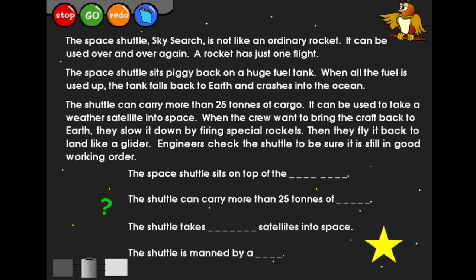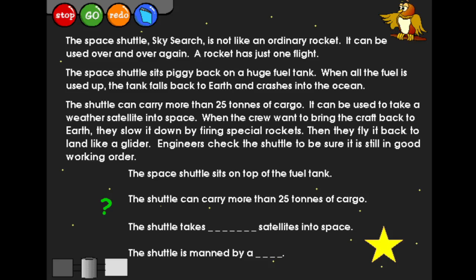Read these questions about the space shuttle and type the answer. Click on the question mark for help. The space shuttle sits on top of the fuel tank.